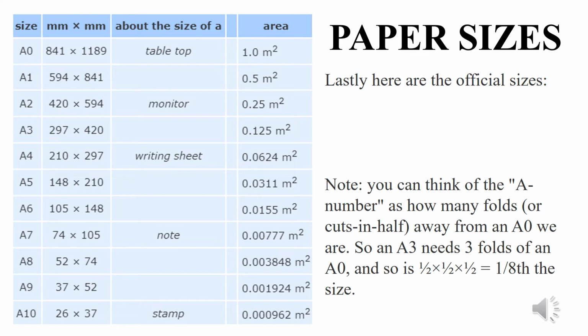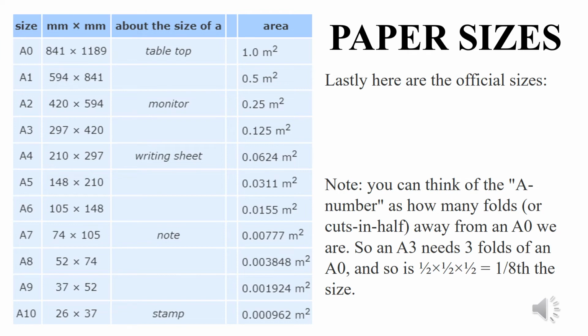A3, 297 times 420, 0.125 m squared. A4, 210 times 297, writing sheet, 0.0624 m squared. A5, 148 times 210, 0.0311 m squared.